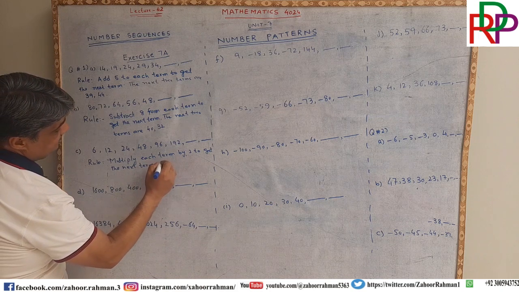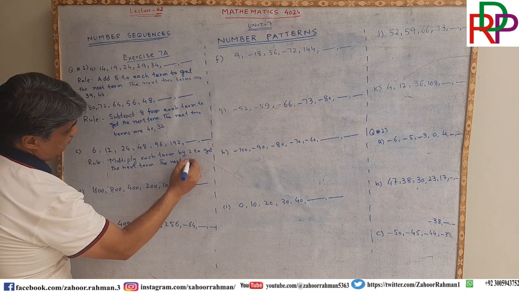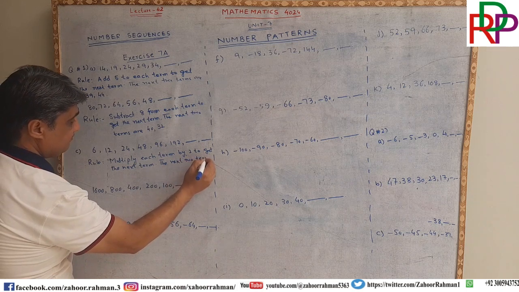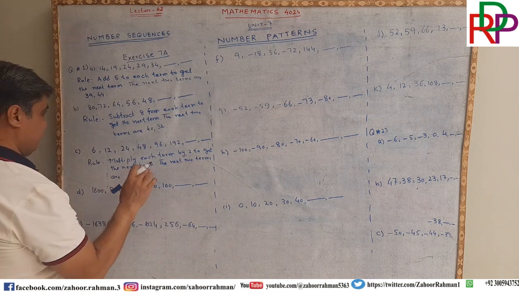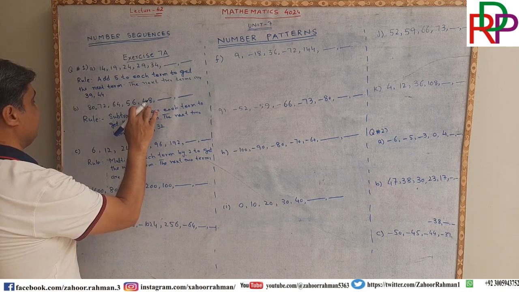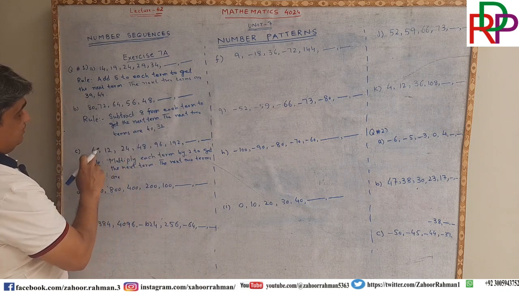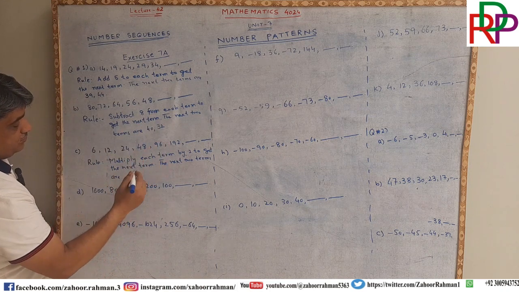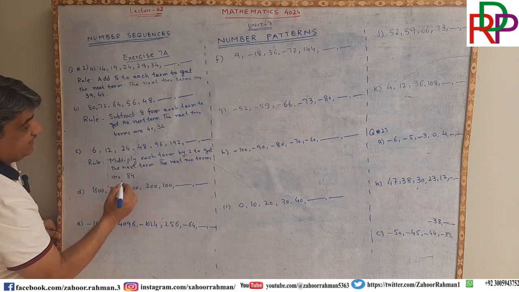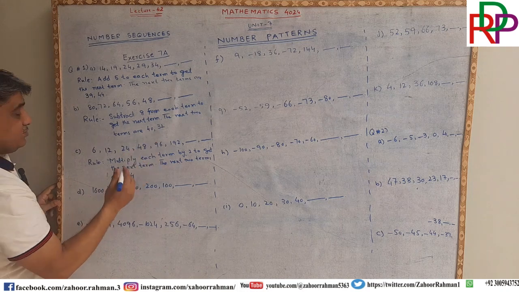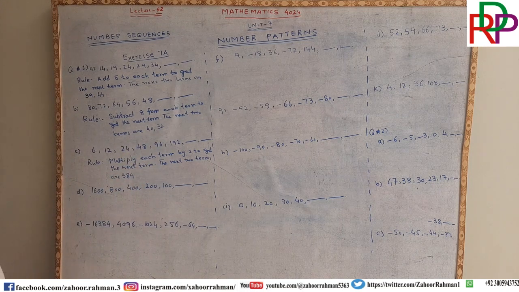Similarly, the next two terms are what? If we multiply 192 by 2, we get: 2 twos are 4, 2 nines are 18, 2 ones are 2, and that is 384.